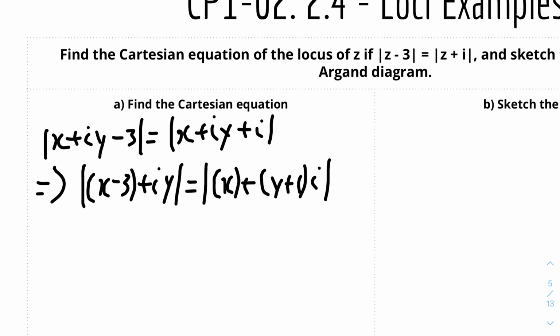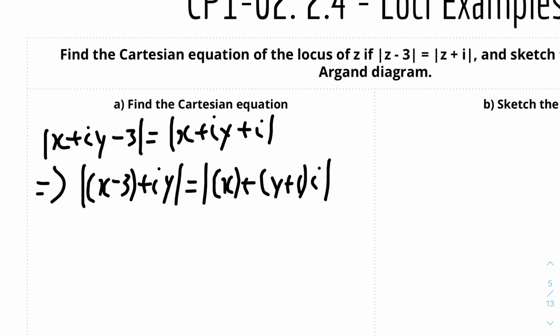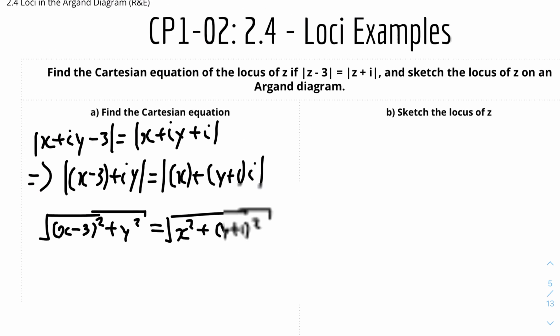So we can square both sides to get rid of the modulus symbol and square individual terms. Therefore, this gets us the root of (x minus 3) squared plus y squared equals the root of x squared plus (y plus 1) squared, like so. And we can get rid of the square root symbol on both sides and expand the brackets.